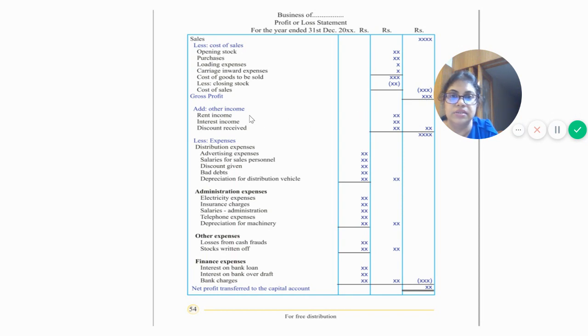For that, you have to add the other incomes like rent income, interest income, and discount received. Then you have to get the total income of the business, and from that you have to deduct the other expenses. So at that time, you can categorize them and show.